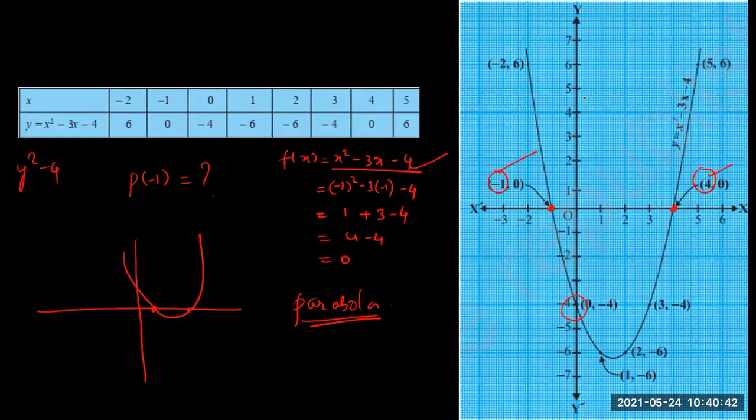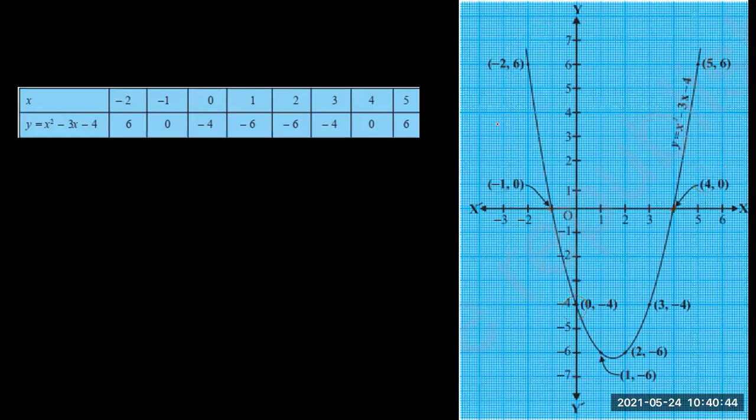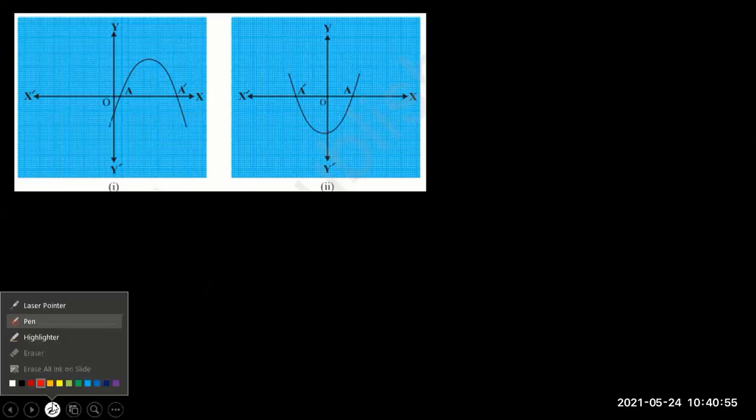And one more thing, the graph can come like this also, in downward direction and upward direction. This depends upon the a value, in the sense the coefficient of x square. Suppose the polynomial is ax square plus bx plus c. If a is positive, the graph will come like this, upward direction.